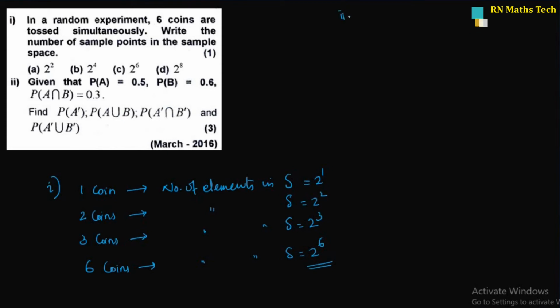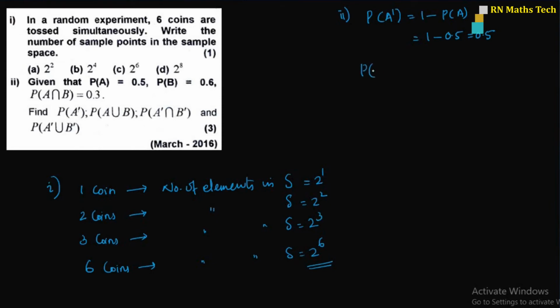Okay. Now second part: P of A, P of B, P of A intersection B are given. Find P of A dash. P of A dash is equal to 1 minus P of A, that is 1 minus 0.5.